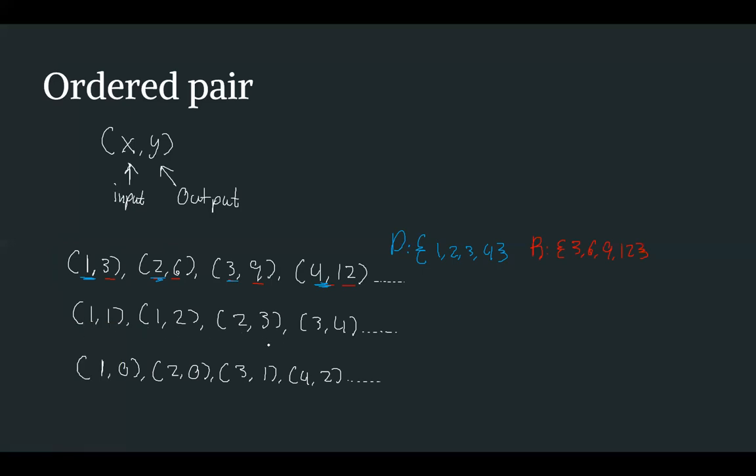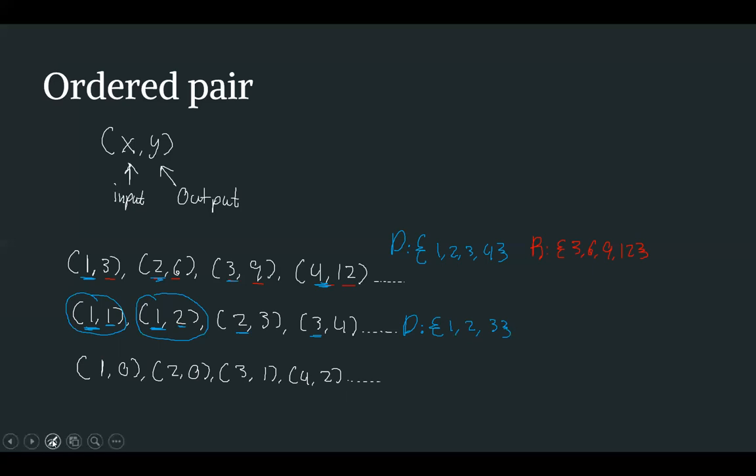But how about this one? If I ask you to find the domain of this second example, obviously it's the left part, so this would be 1, 2, 3. But before that, let's go back again. We have 1, 1; 1, 2; 2, 3. Meaning, in these ordered pairs we have the same input yet different outputs.